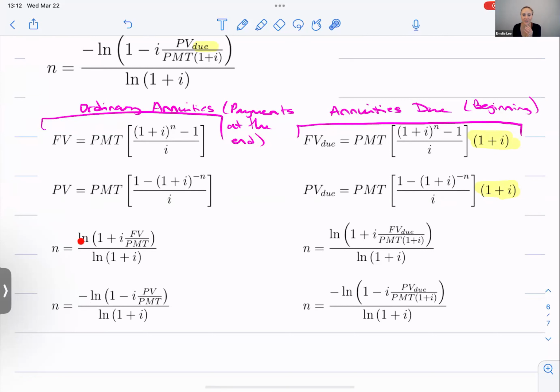First formula for n, the log of 1 plus i to the future value due, and not just the payment, but the payment times 1 plus i. So again, just taking into account that extra payment period of interest. Same thing with the next n: the only change is that now you have a present value due and the 1 plus i times the payment amount, because it's the payment plus interest for one period.